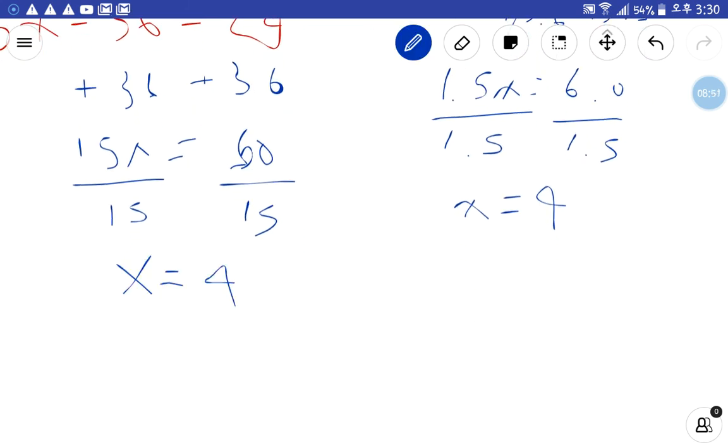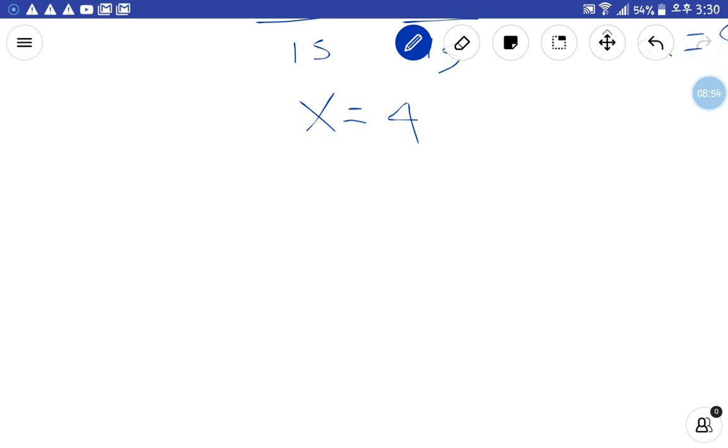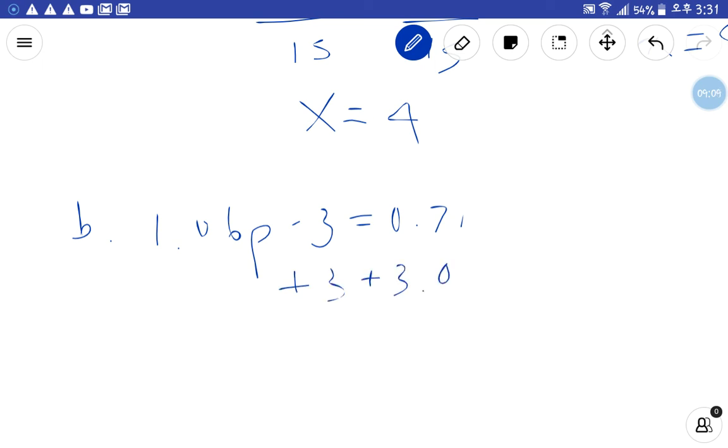Now what? B. 1.06p minus 3 equals 0.71. So add 3 on each side. You make sure 3 means 3.0. Please don't mess up the decimal point. 1.06p equals 3.71. Now what?